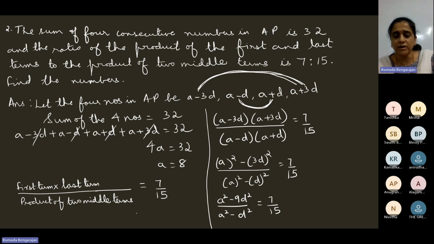The product of the extremes to the product of means is 7 by 15.